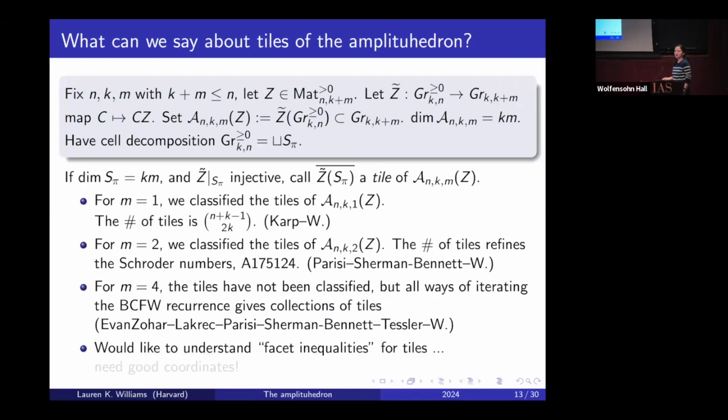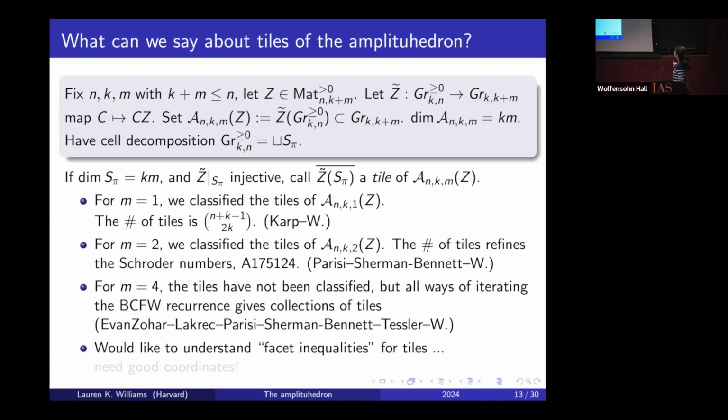And in order to do so, we need good coordinates, right? So far, we've just defined the amplituhedron to be the image of the positive Grassmannian under a certain map. But we'd really like to have appropriate coordinates on this side in order to talk about the amplituhedron and to talk about tiles.